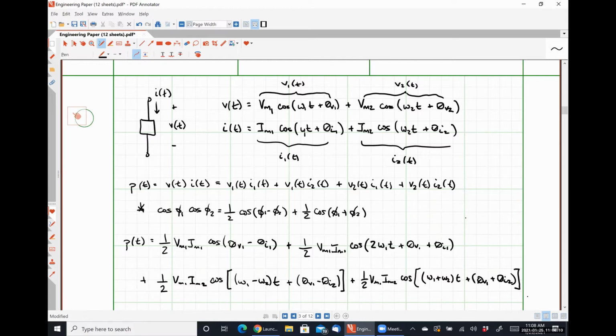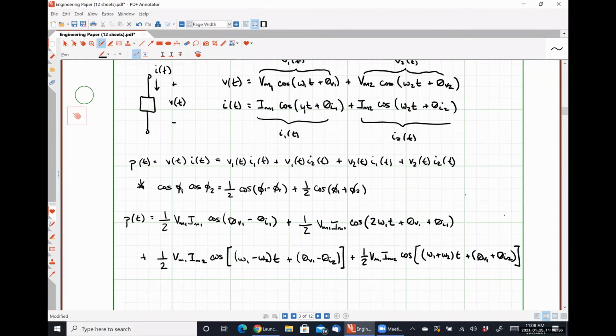So for instantaneous power in a multi-frequency circuit, the number of frequencies that the power oscillates at grows very, very rapidly. We're going to wind up, I believe, with 5 different frequencies, and I'll explain why it's only 5 momentarily. But if we had 3 different frequencies, I think we'd wind up with 10. It grows very, very rapidly. So the multi-frequency power analysis gets out of hand pretty quickly.